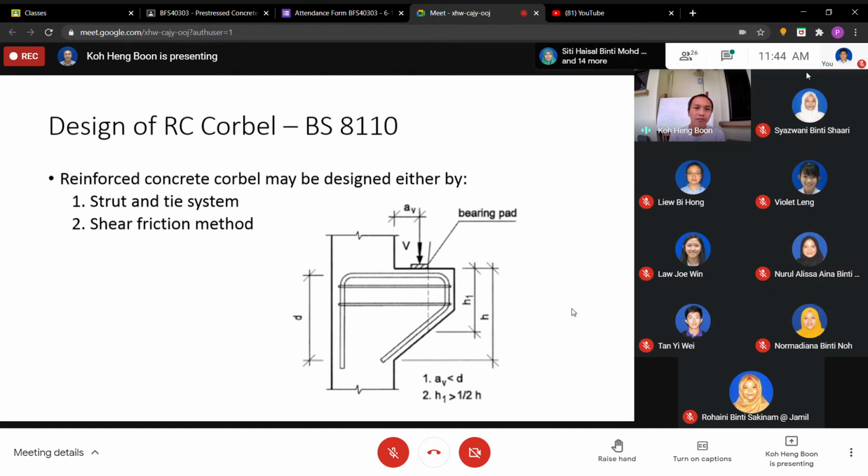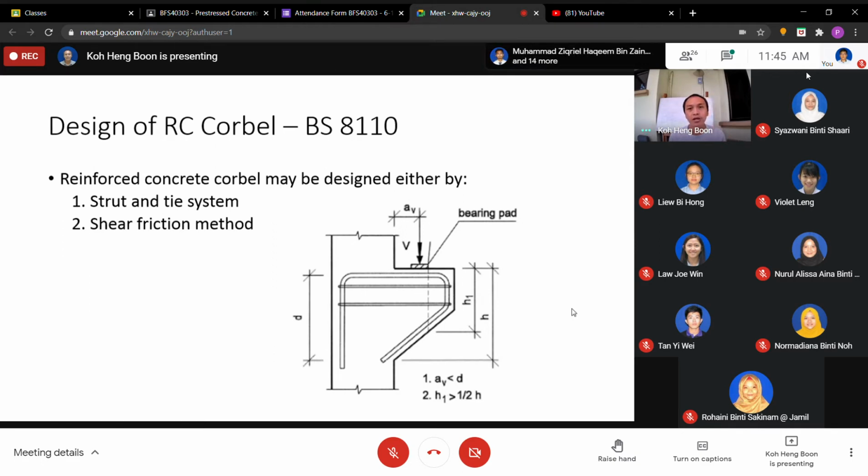However, the British standard has really simplified it. It is based on the bearing width: the load divided by the bearing width and the length. You get the length by limiting the allowable bearing stress only, either 0.4 fcu or 0.6 fcu. That is what we use in British standard.